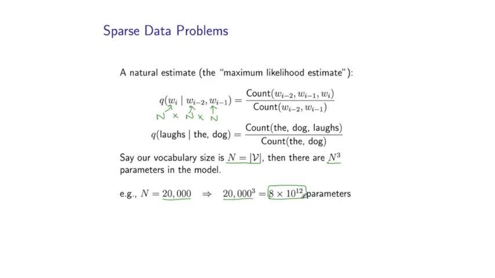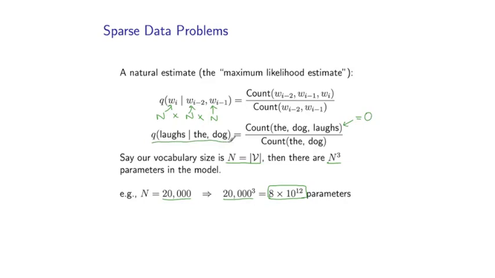And this manifests itself in the following way. In many cases, this count in the numerator may be equal to 0, because we simply haven't seen this particular trigram in training data. And in that case, this estimate will be equal to 0.